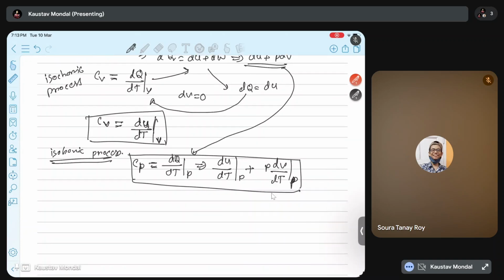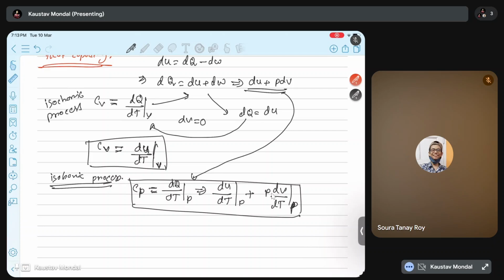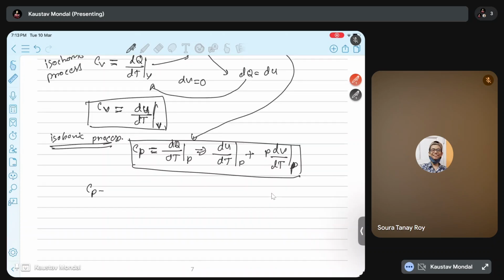Now you can also write the difference CP minus CV, which looks like P plus dU by dV at constant temperature, into dV by dT at constant pressure.